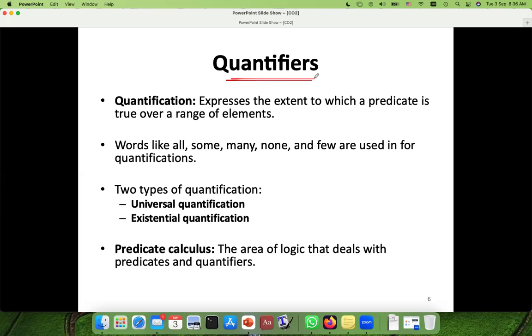If I say quantify this amount of wheat which is lying here, then you will have some weight machine and then you will quantify that wheat, how many kilos that wheat is. So finding the kilograms of that wheat is what you are quantifying.